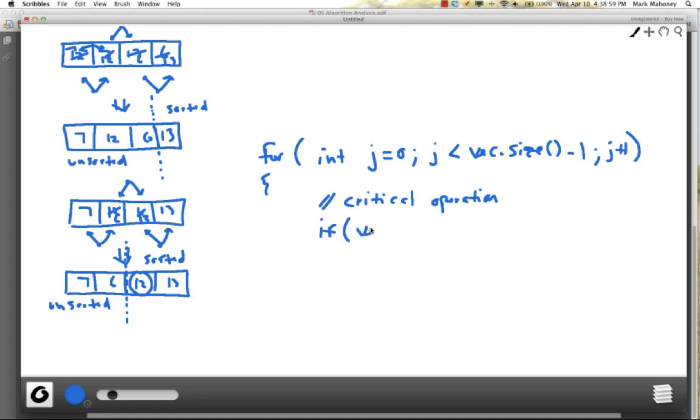Okay, so we'd say something like: if vec at position j is greater than vec at position j plus 1, and if that's true, we're going to swap j and j plus 1.